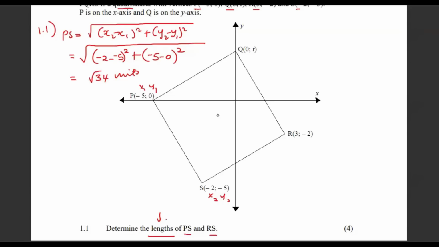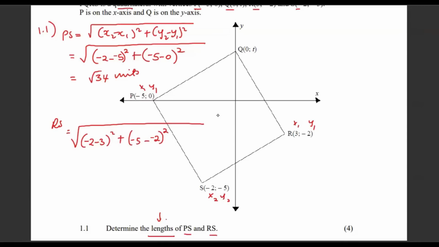Then I'll do the same with RS. This is RS. So if I call this X1 and Y1, I'll do the same thing. I'm not going to write down the formula again since I already did that. So we said x2, which is -2 minus 3 squared, plus the y2 is -5. We are subtracting y1, which is -2 squared. Some people prefer putting the negative part in the brackets.